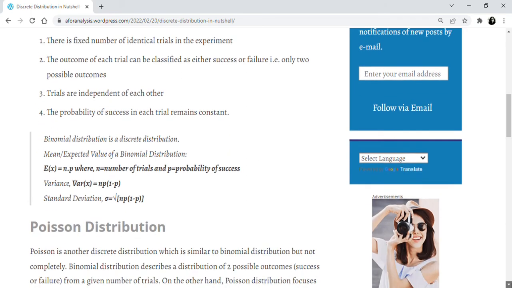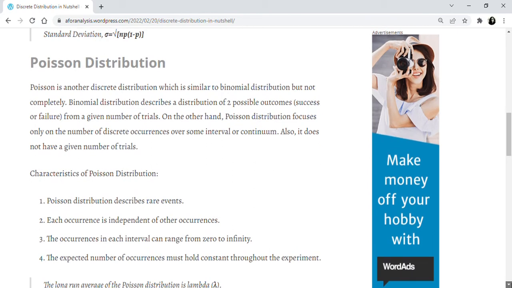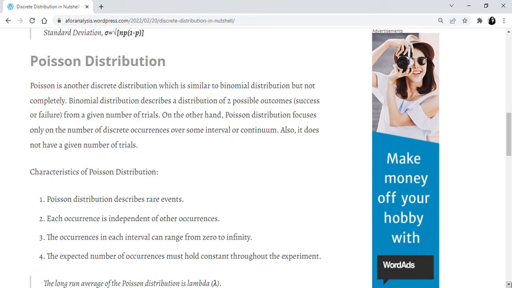Moving on to the next distribution is Poisson distribution. Now this is the word I struggle a little bit to pronounce, but I'll try my best. So Poisson distribution is another discrete distribution which is similar to binomial, but it's not fully similar, of course, otherwise why would we have a similar distribution with a different name.